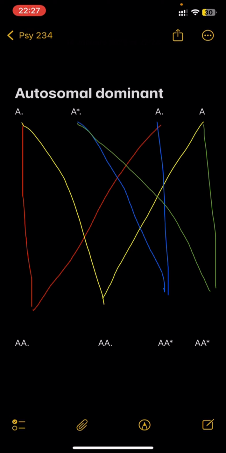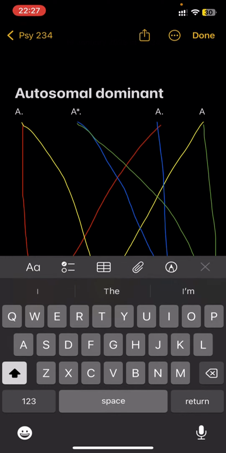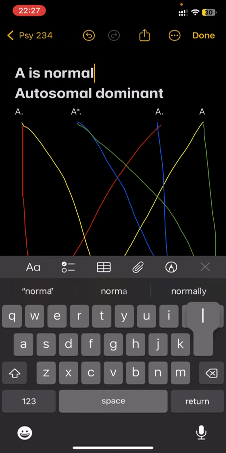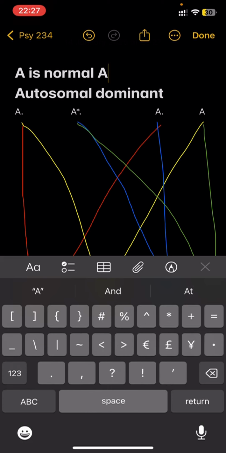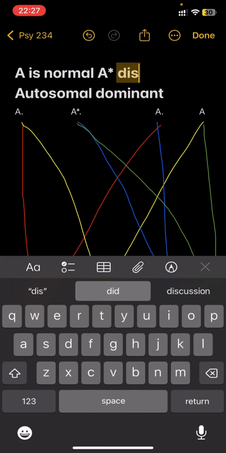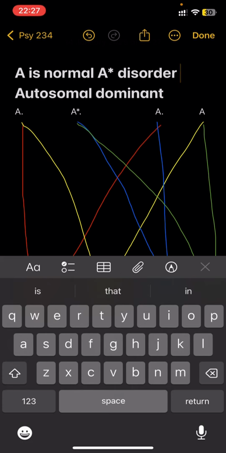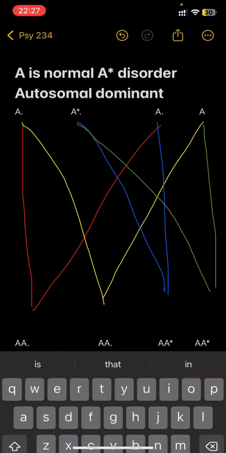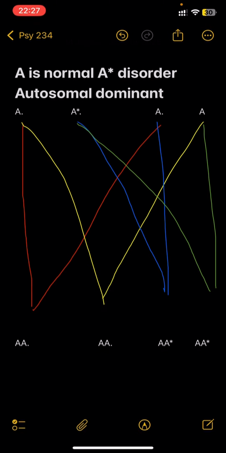Now, I don't know if this stuff is actually helping out, and also for this paper and this paper alone, we're going to call this A the normal and this A asterisk the disorder. So A is the normal gene, and A asterisk is the disorder, like Huntington disease. Autosomal dominant is saying if just one of the genes is present, the child will have it.